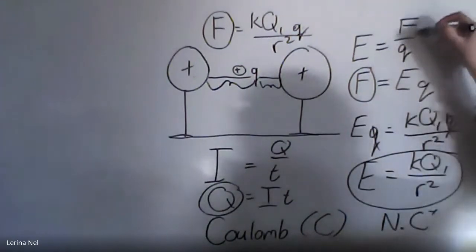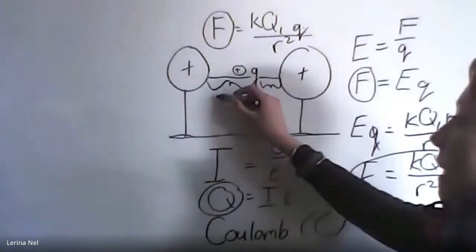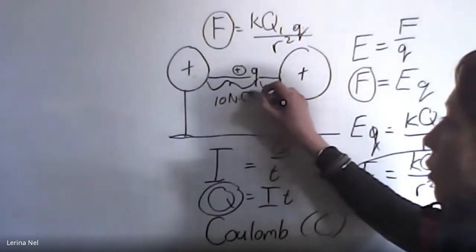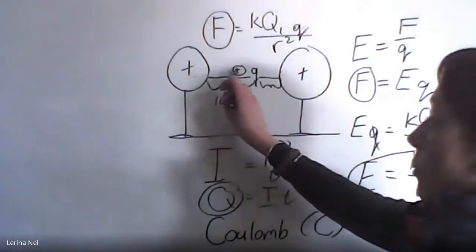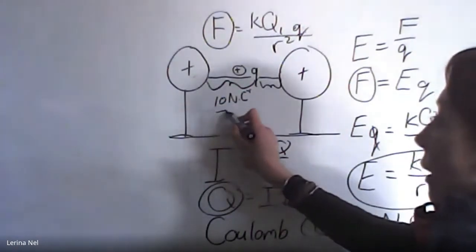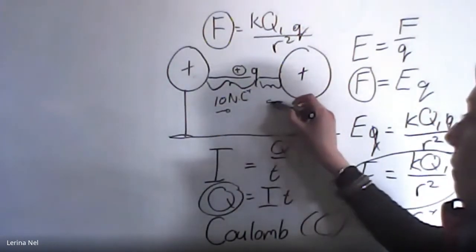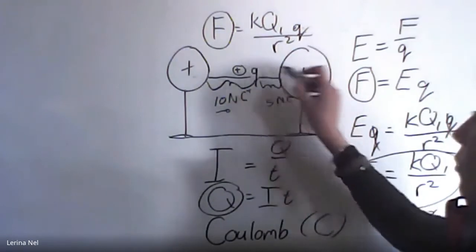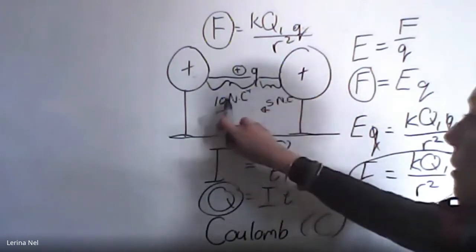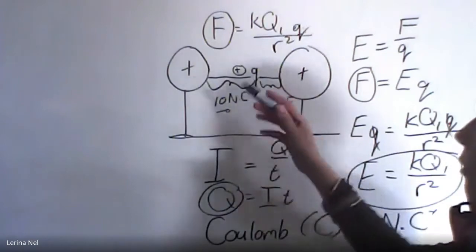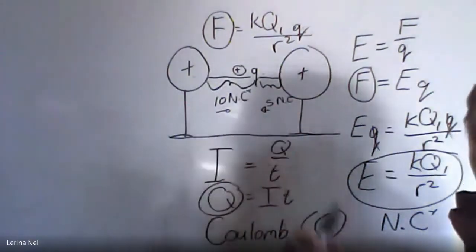Newton per charge, Newton per coulomb. Okay, so the electric field here, let's say it was 10 Newton per coulomb. Both of them are positive, going to the right. In these two, it was 5 Newton per coulomb. Because it's positive, it will be to the left.